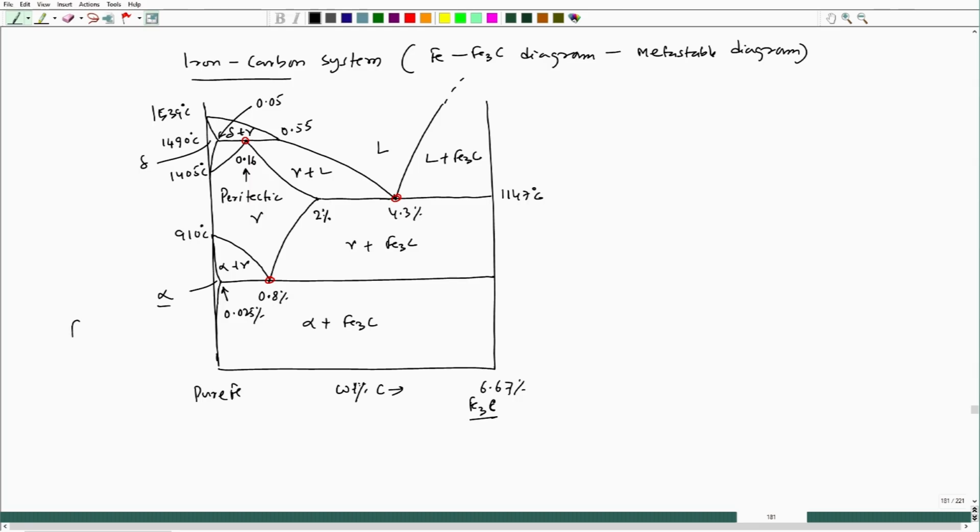And remember, alpha is called ferrite, gamma is called austenite, and this is delta iron.